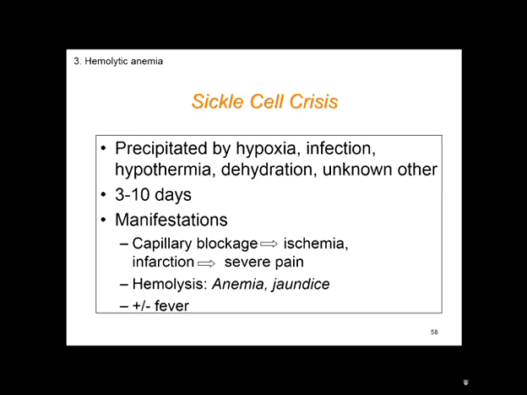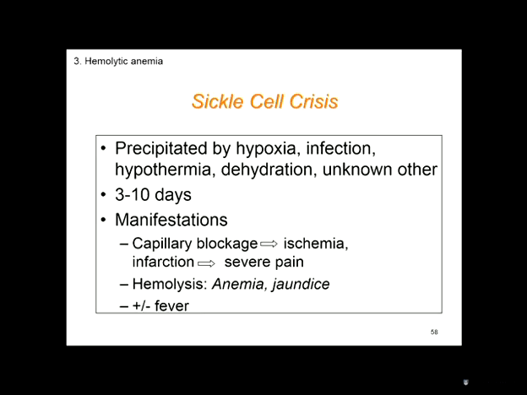So I told you that every now and then these patients can present relatively normally, at least initially, but there can be a crisis. So under sickle cell crisis, what do we see? Well, first of all, they can be precipitated by hypoxia. They can be precipitated by an infection. They can be precipitated by low temperatures, by lack of fluid, so dehydration.